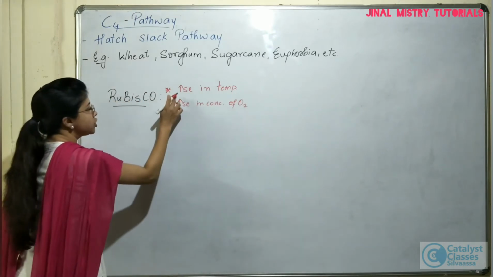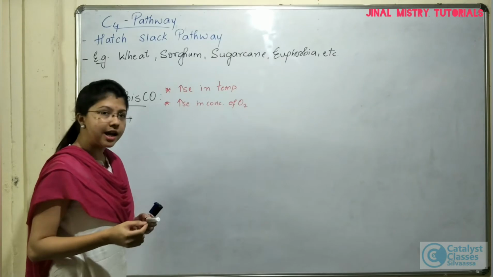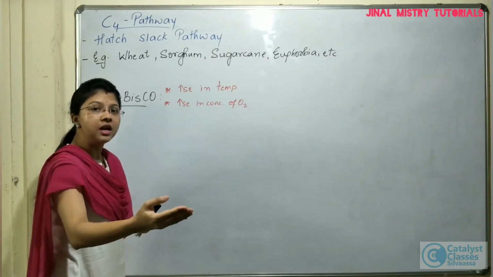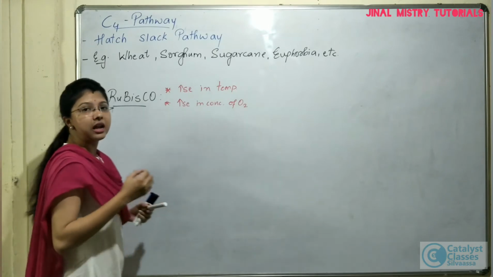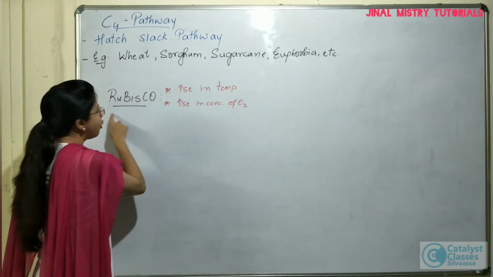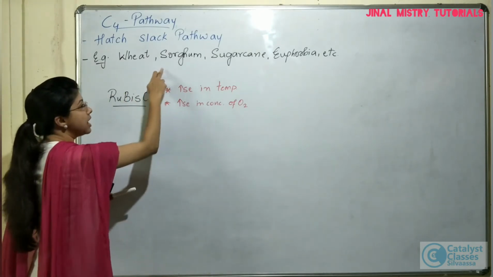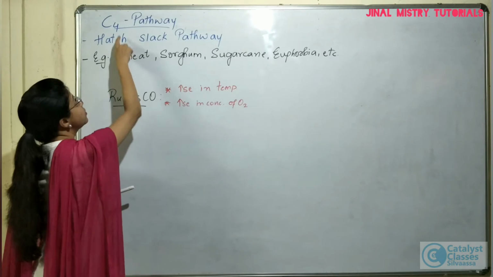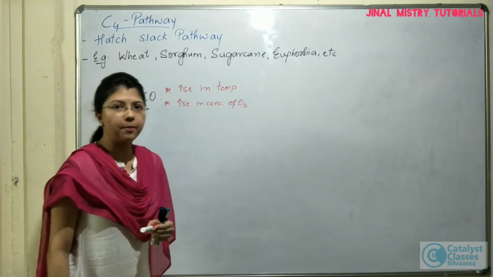Because of these two conditions, the rubisco enzyme, instead of binding to carbon dioxide and forming the first product of the C3 cycle, was forming another product. To avoid this binding of rubisco to oxygen, these plants have adapted a mechanism called the C4 pathway or the Hatch-Slack pathway.